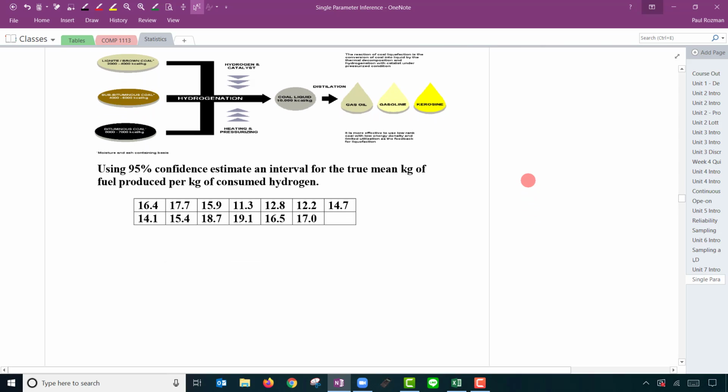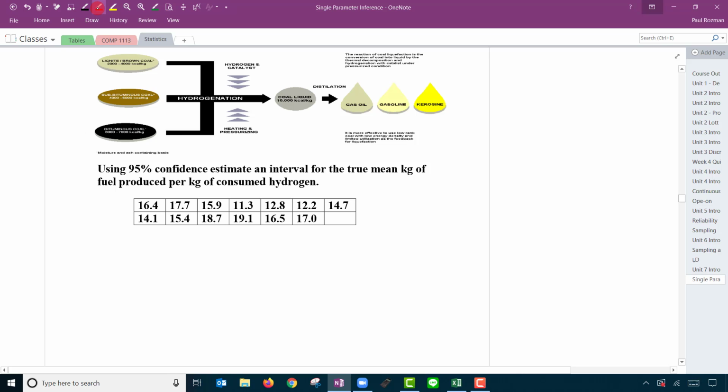So we do a test. And we take a few samples here, and we measure the kilograms of fuel produced per kilogram of hydrogen consumed in the process. And here's our data. It's a really small data set. 2, 4, 6, 8, 10, 12, 13 values. So our n is very small.